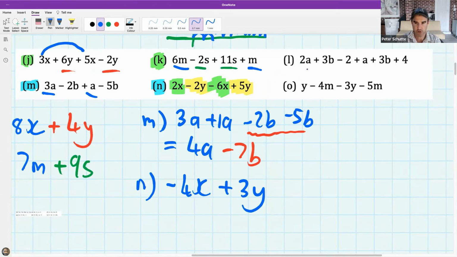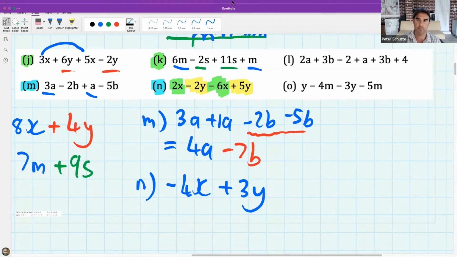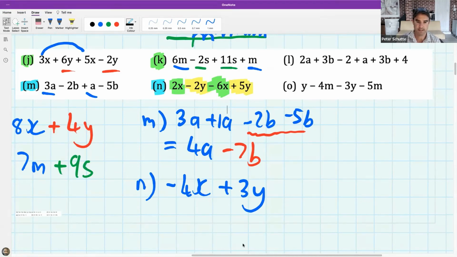And then actually write those out on a second line, where you put all the ones that go together near each other. And then the last step, add or subtract the like terms. Now, while you're working on that, I will take questions from students. So raise your hand if you would like to ask a question.